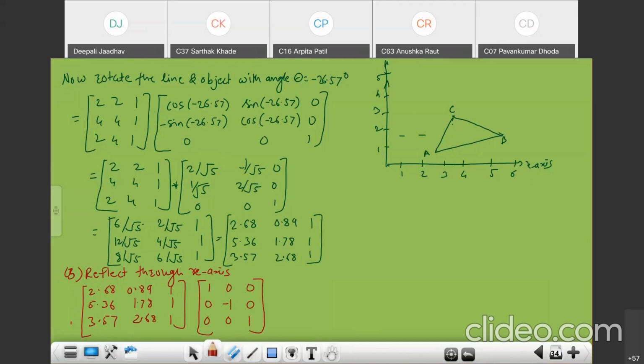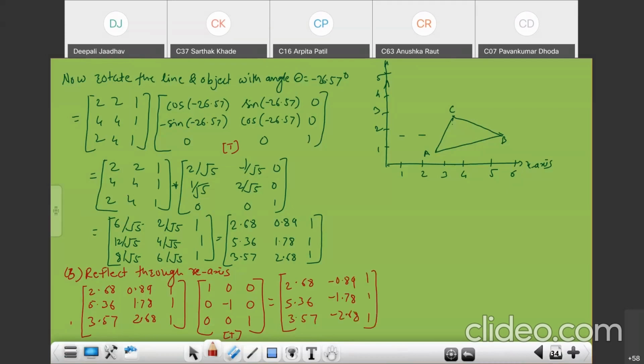That is our T. So x remains as it is, 2.68, 5.36, 3.57, only y becomes minus 0.89, minus 1.78, minus 2.68.